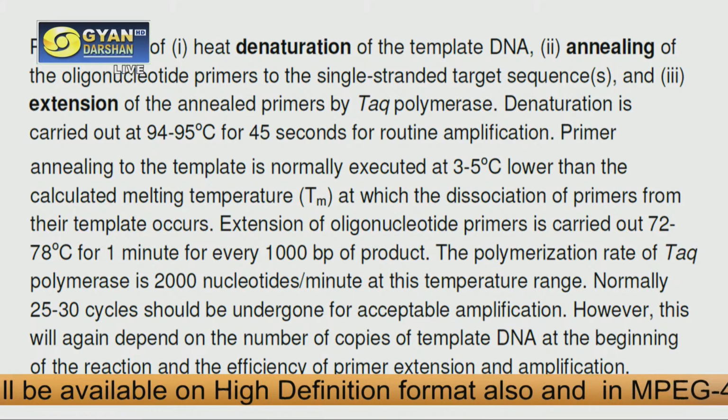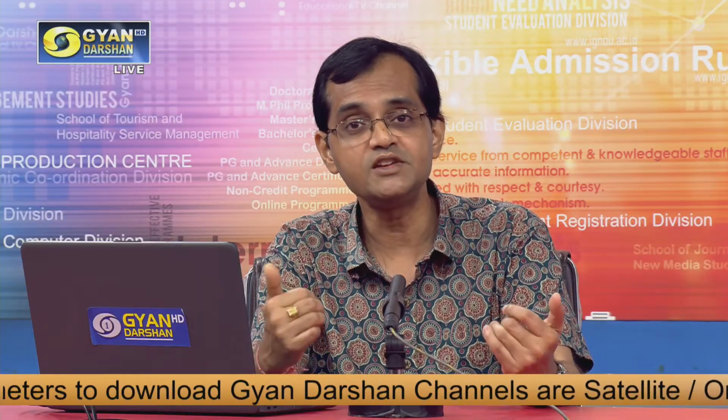Sometimes we may go up to 35 cycles, but it is preferable not to go beyond 35. So ideally 30, and in extreme cases, if you need more amplification, then 35. But after that, it becomes saturated. There is no point in increasing the number of cycles to increase the copy number of the DNA or the gene or the sequence.